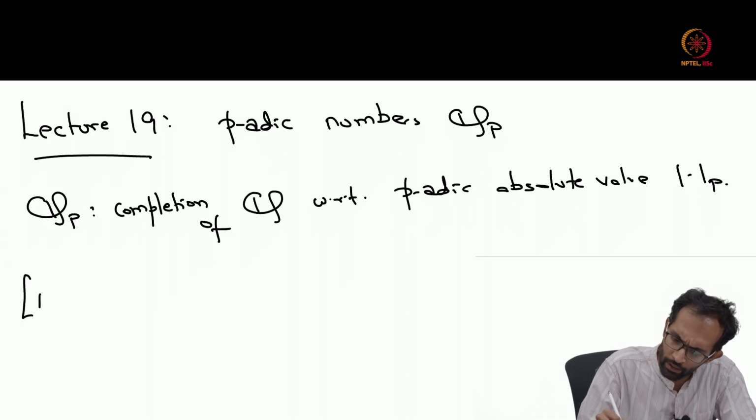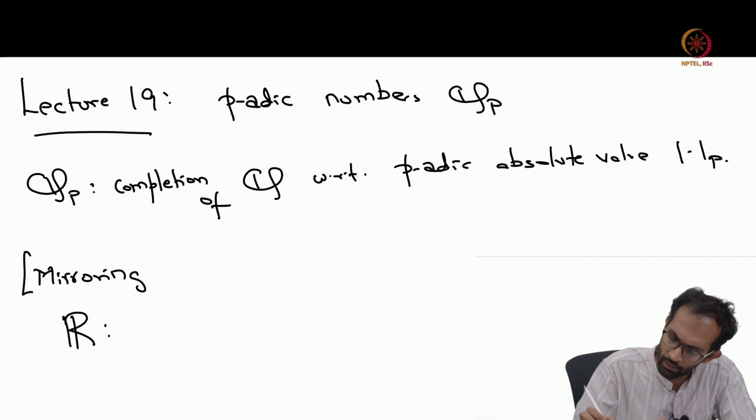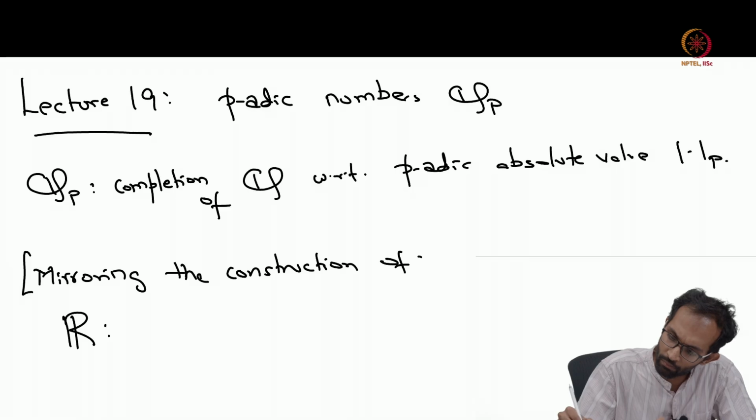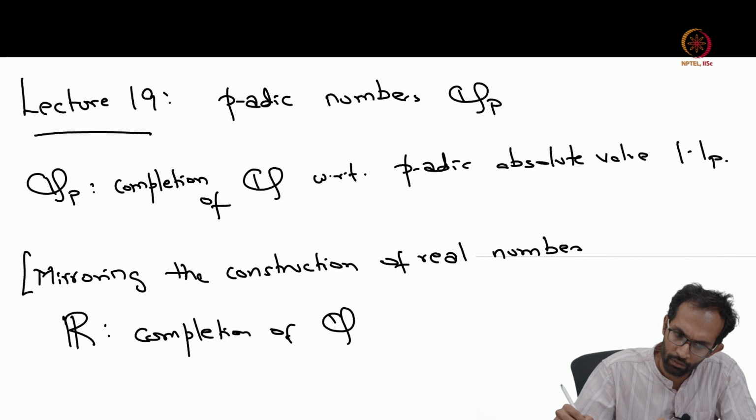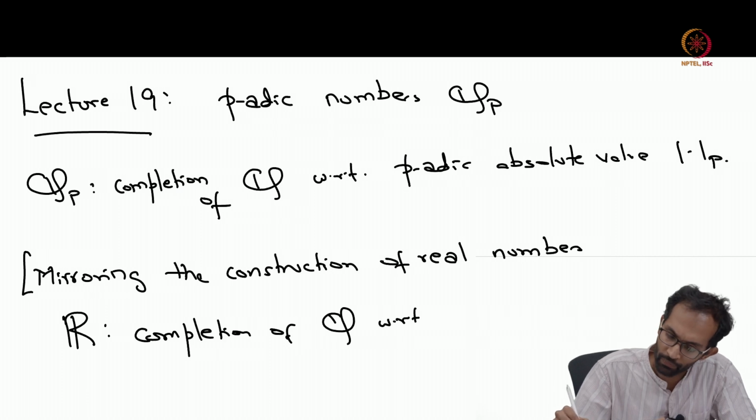Many of you might have seen the construction of the real numbers, which is given as the completion of Q with respect to the Archimedean absolute value.